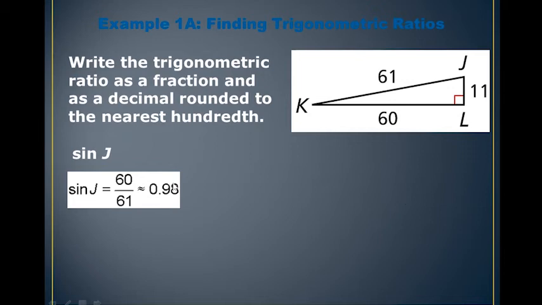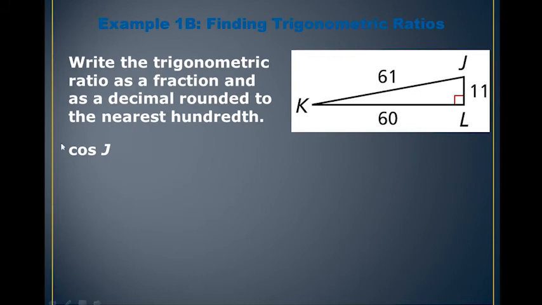In order to find sin J, we already know that sine means perpendicular by hypotenuse. Here the perpendicular was 60 and the hypotenuse was 61. So simply divide 60 by 61 and you'll find the answer. It's approximately 0.98.